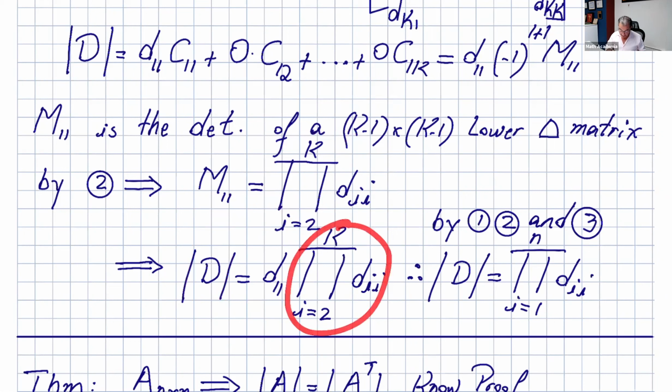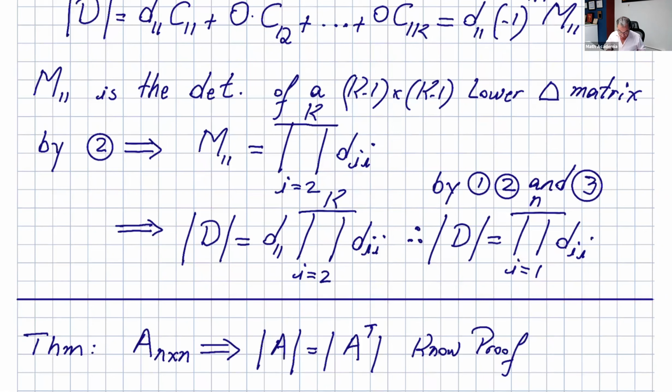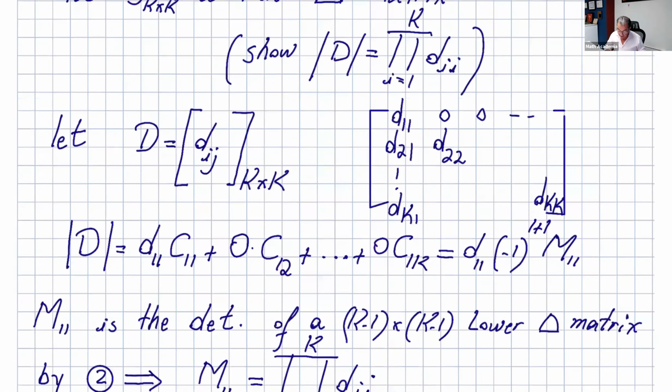We know this is exactly like B, so I can write it that way. However, it starts from i equals 2, and we have D11 in the front.